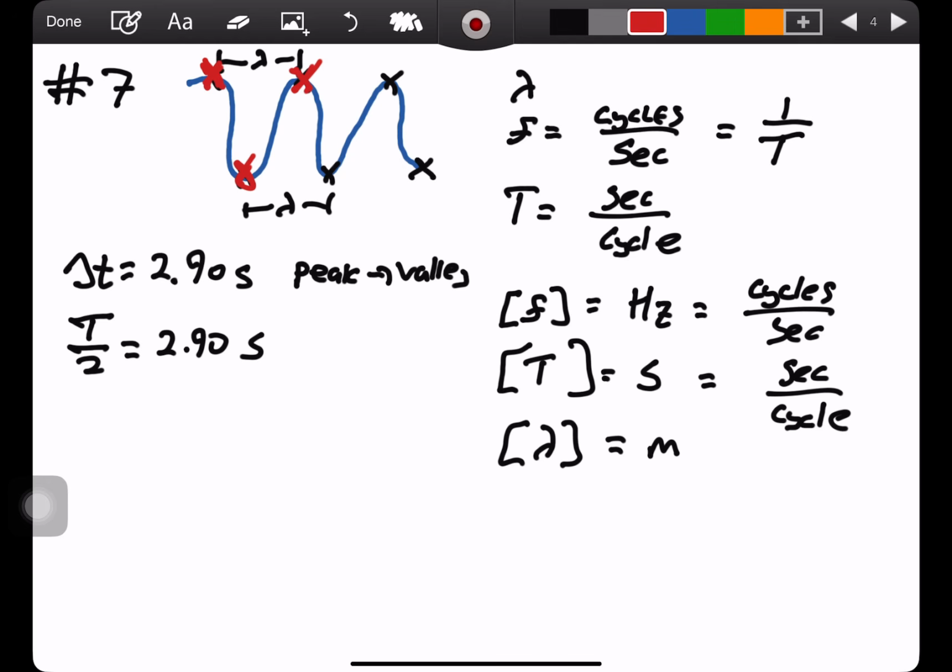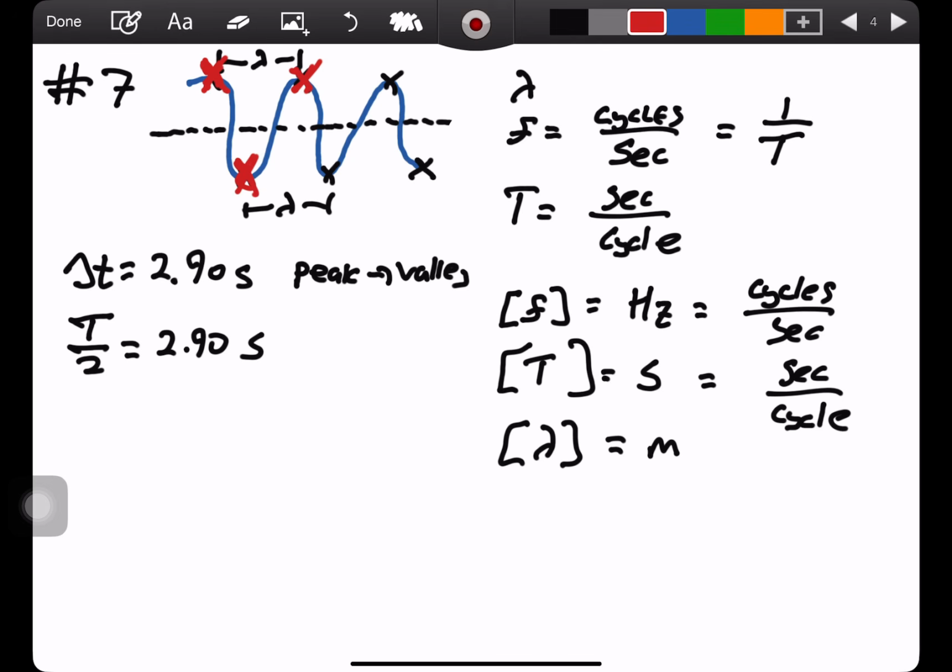So that's key. And then in this problem, we're told that the distance from the highest point to the lowest point is going to be 0.610 meters, which is to say, I'm going to draw this dotted line. The distance of 0.610 meters is the distance from right here to right here.